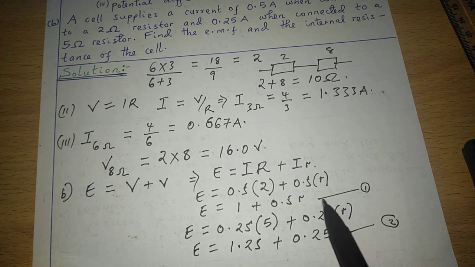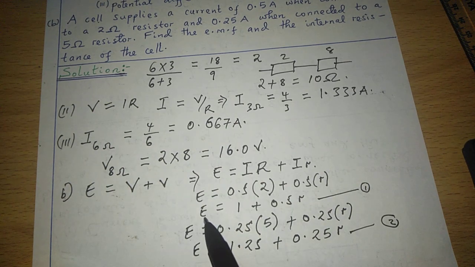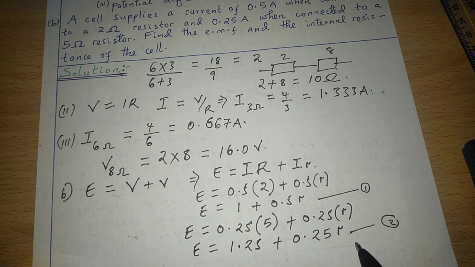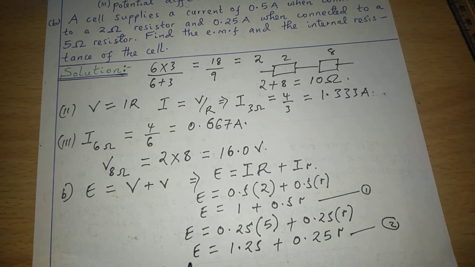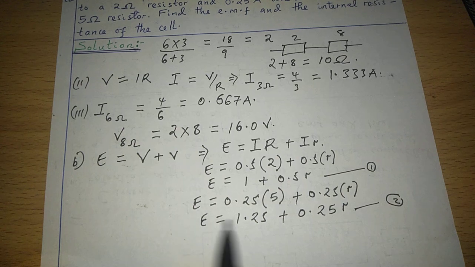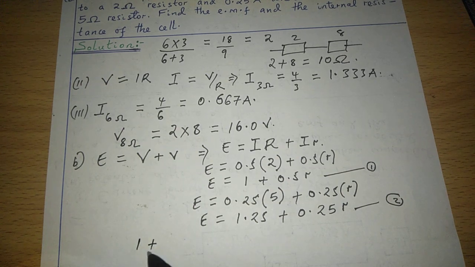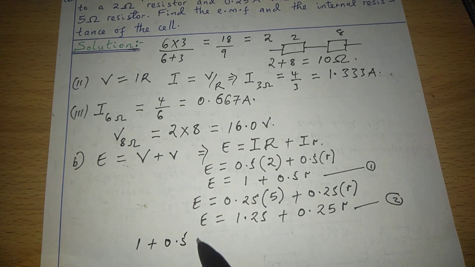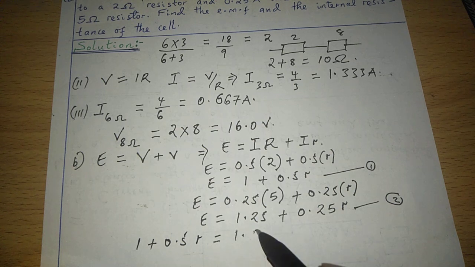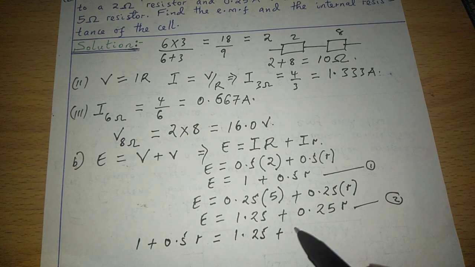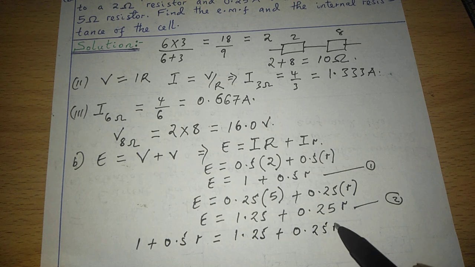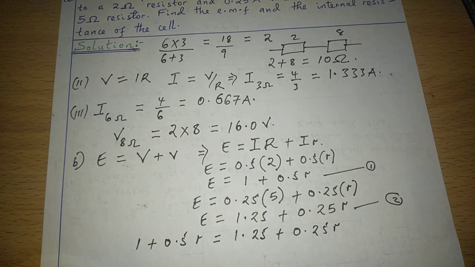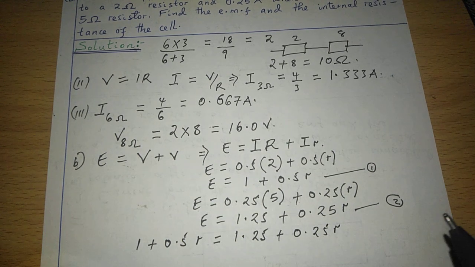Now expression 1 gives us the EMF, and expression 2 gives us the EMF. This means we can equate the two. We can equate 1 plus 0.5 R with 1.25 plus 0.25 R, because they are both giving us the EMF of the cell.